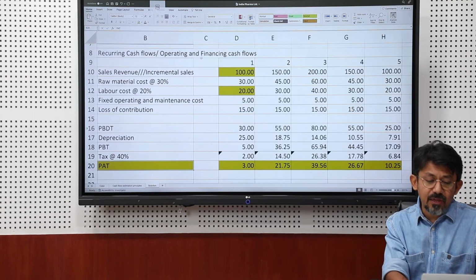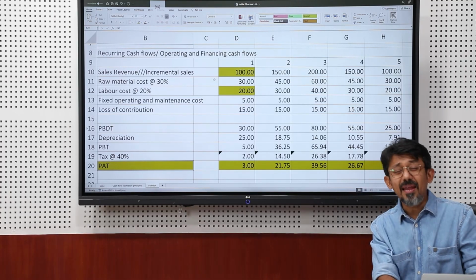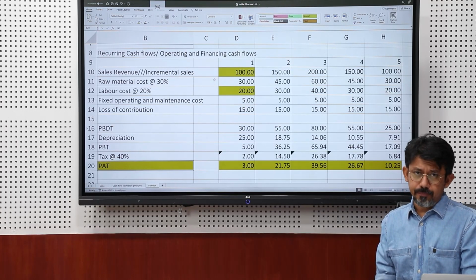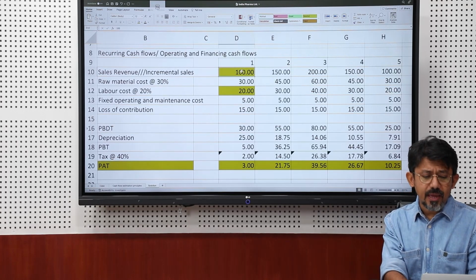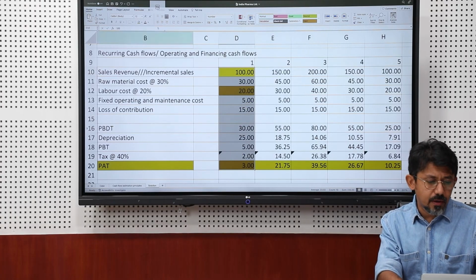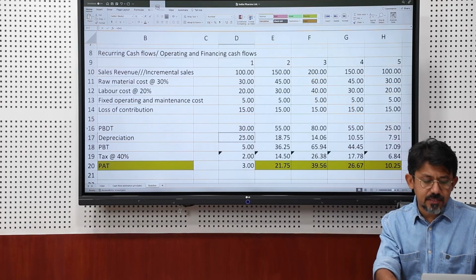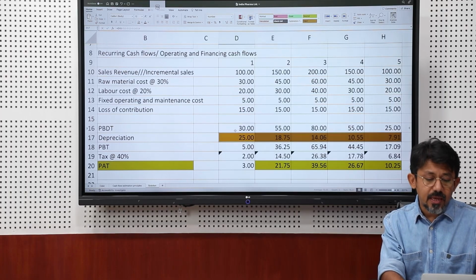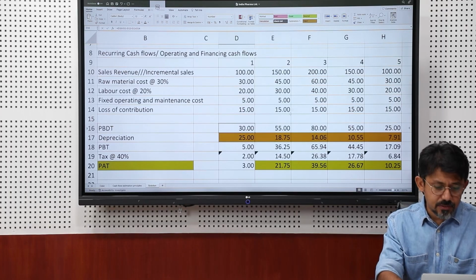So, that is the PAT for 5 years, and then we move on from PAT to cash flows. Now, if you look at all the expenses and incomes over here, one expense stands out, which is depreciation, and you know that depreciation is a non-cash expense, right.